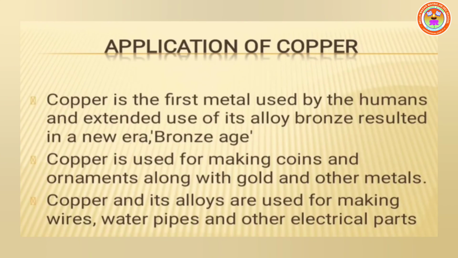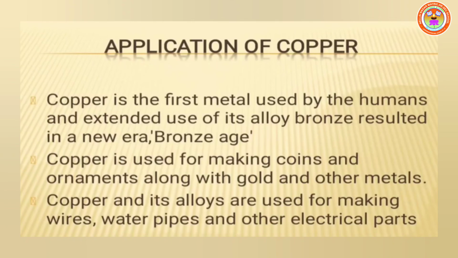Then next we are going to see application of copper. The first metal used by human beings is copper. An extended use of its alloy, bronze. Bronze is an alloy of copper and tin, which resulted in a new era called the Bronze Age.